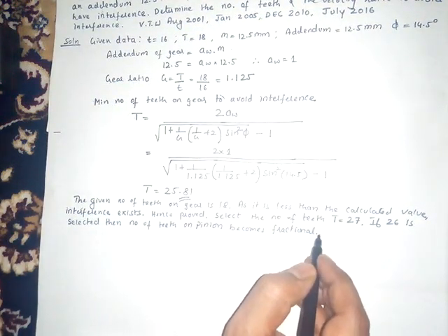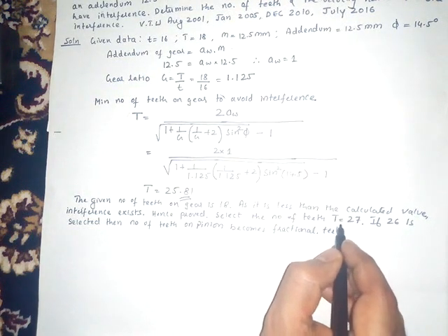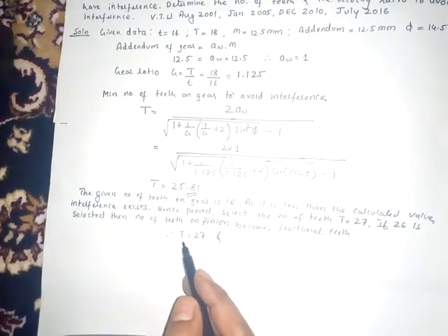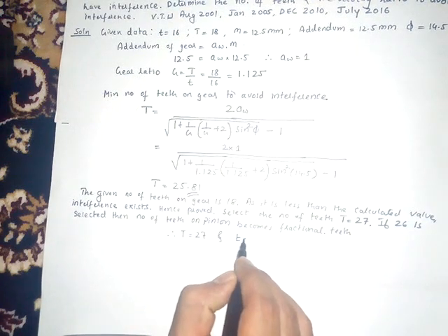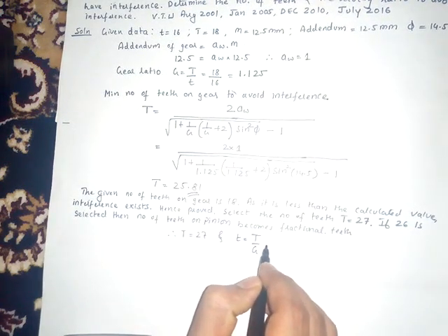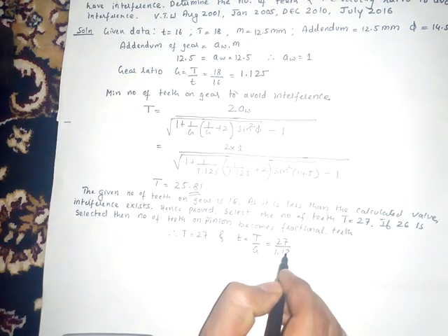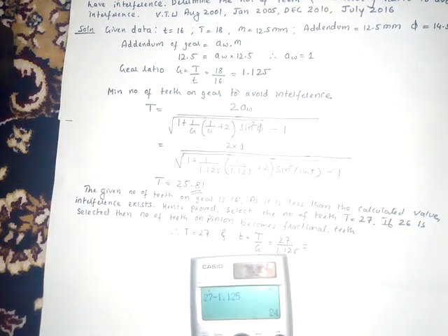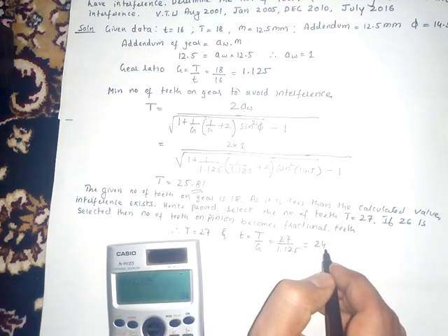So we select the T value equal to 27. If we select T is equal to 27, then small t is equal to capital T by G. This is nothing but 27 divided by 1.125, which comes out to be 24. So small t is 24.